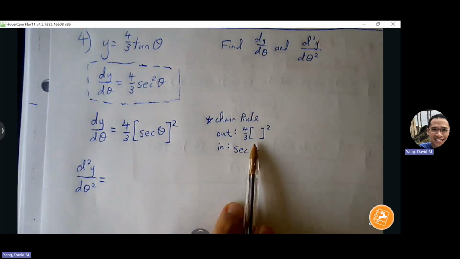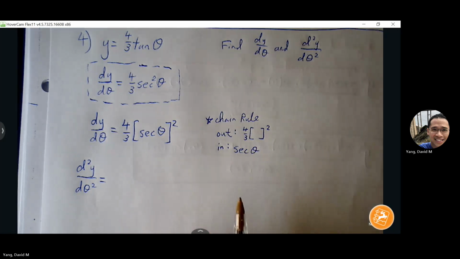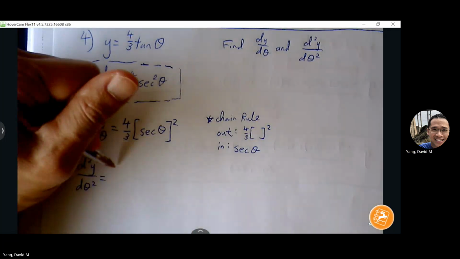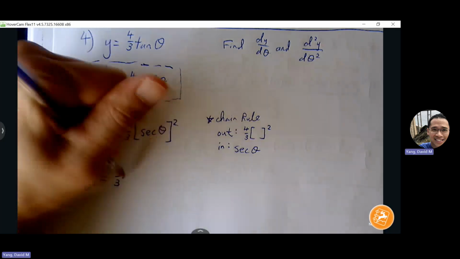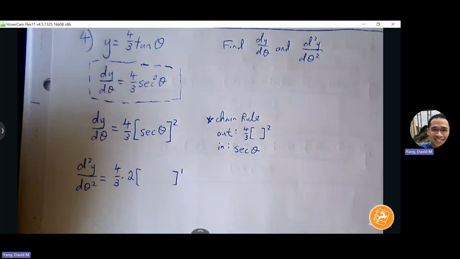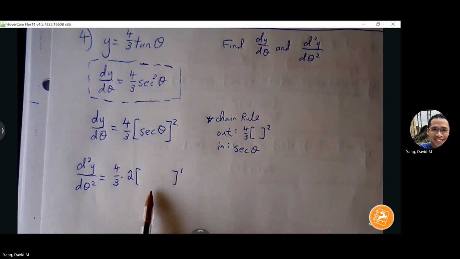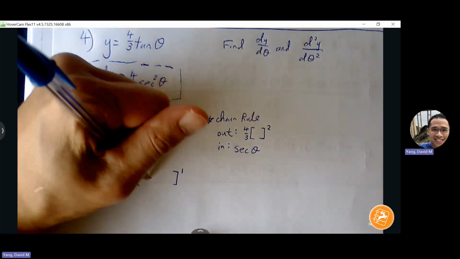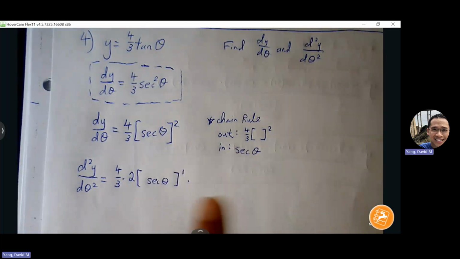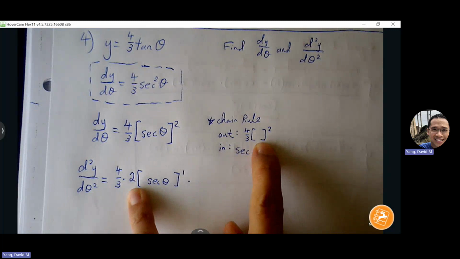All right, what's outside's derivative? Not 6/3. 8/3, right? Okay, so 8/3 raised to the first power. Inside portion stays intact. We took care of outside's derivative using power rule.